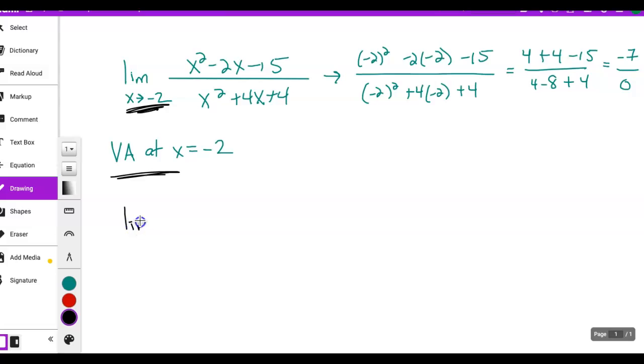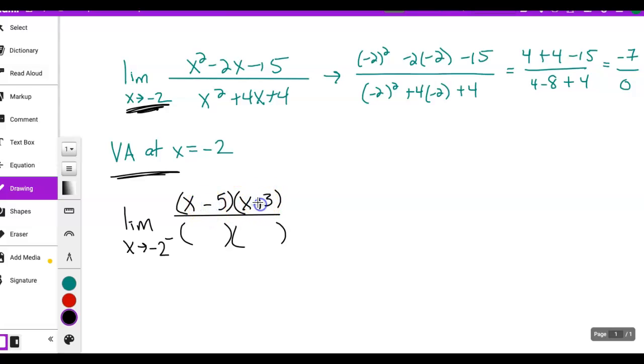So let's do the limit as x approaches negative 2 from the left. And let's go ahead and write this out. So I'm going to factor it. Again, nothing's going to cancel. Well, something might cancel, but the negative 2 isn't going to be removed. So let's see up top, we've got a 5 and a 3.